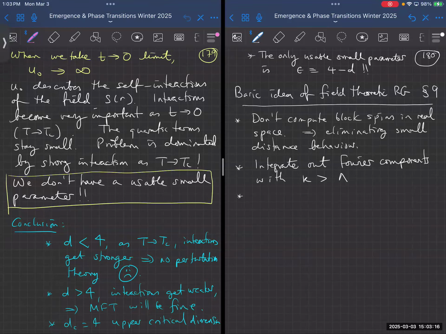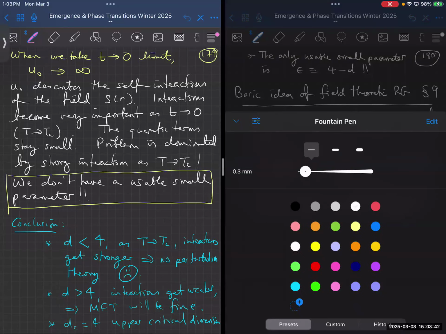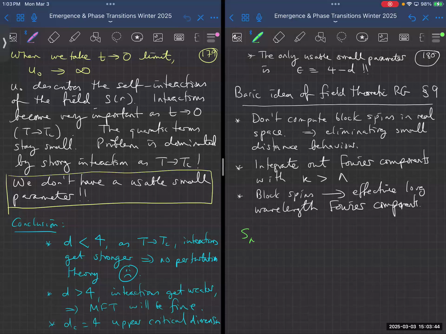and then that's going to give us not block spins, but effective long wavelength Fourier components. So what I'm saying then is that we're going to start off with S lambda of R. We're going to write those as Fourier components.